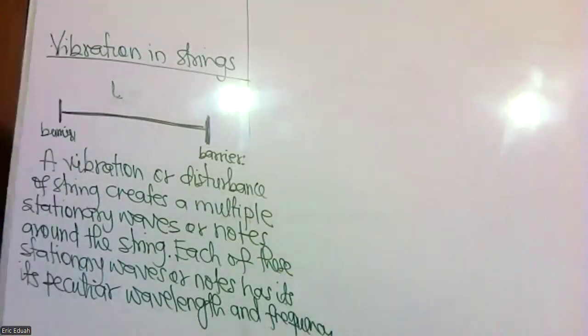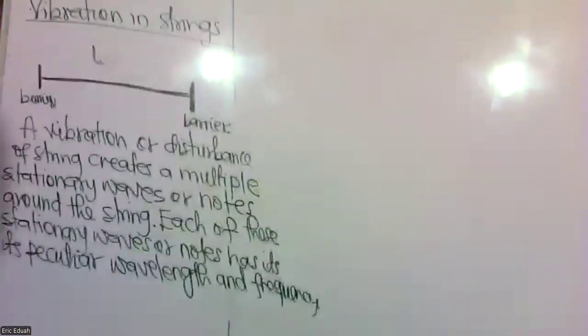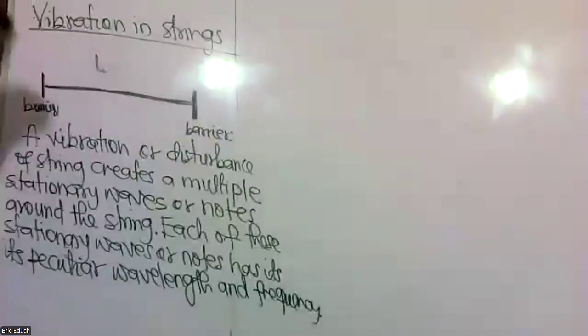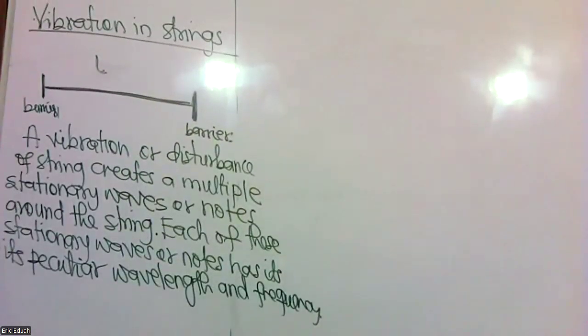Don't forget, I said stationary waves are formed with a particular wavelength and frequency. So each of the nodes or stationary waves created around the string has its own wavelength and frequency.